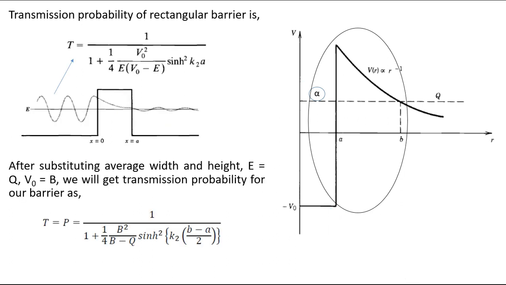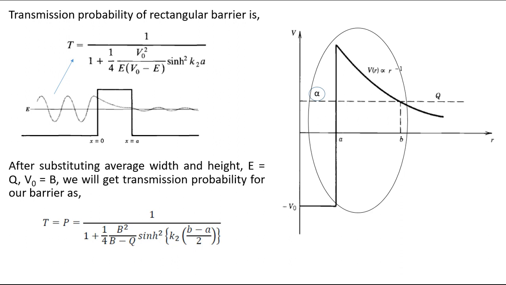So here is the transmission probability, which is taken from chapter number 2, for a particle having energy E less than V naught.